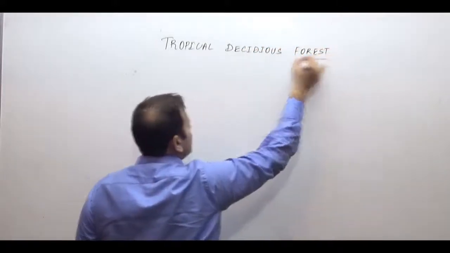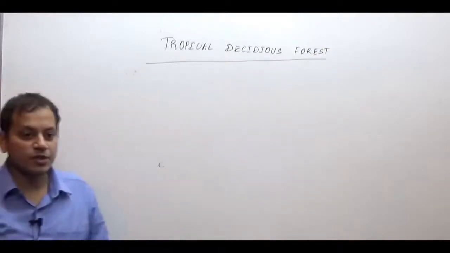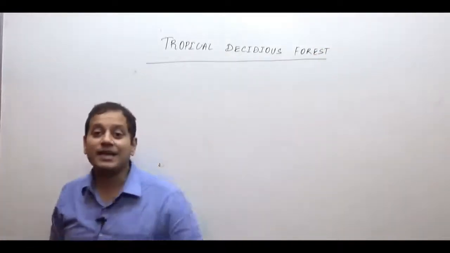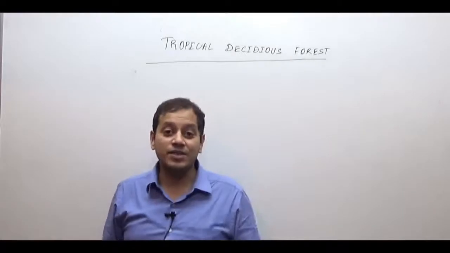Now there are two types of tropical deciduous forest. One is moist deciduous and the other is the dry deciduous forest region.